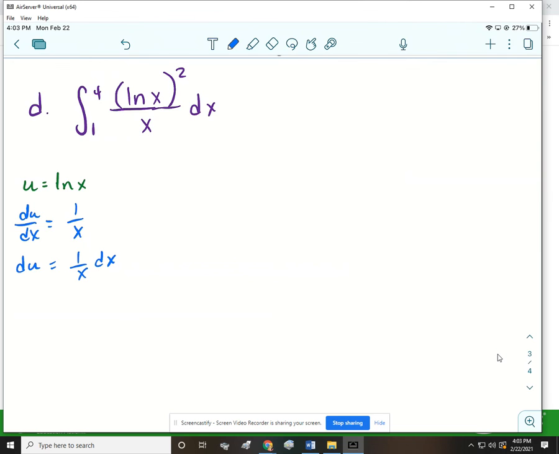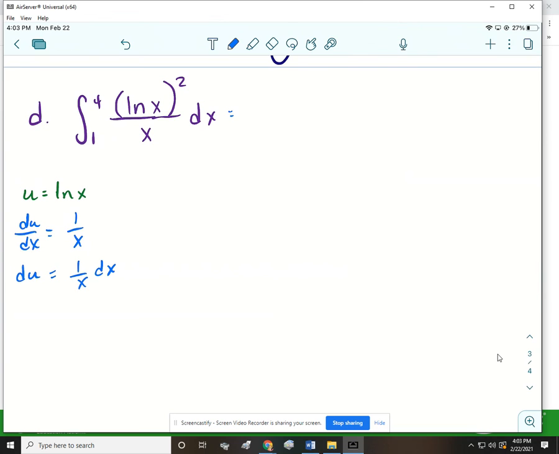And we already have that. So this could be rewritten as the integral from 1 to 4 of the natural log of x squared times 1 over x dx. So if I multiplied those together, I would get the original integrand.